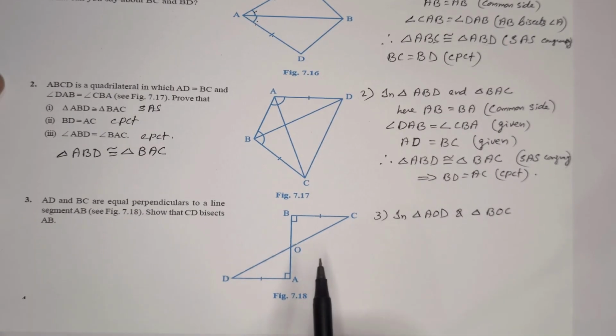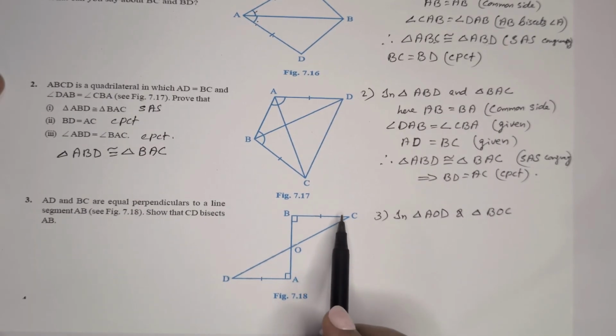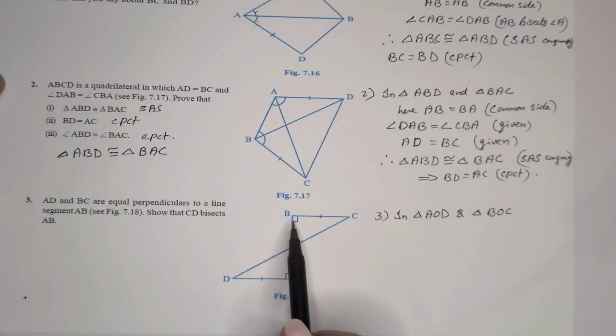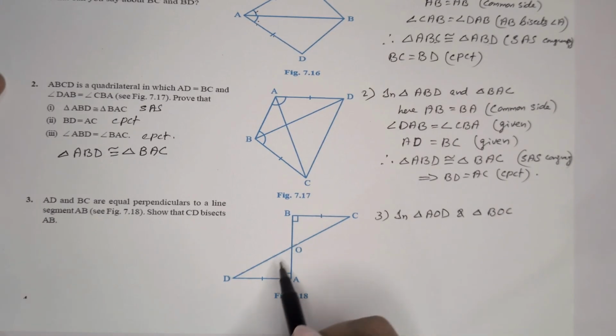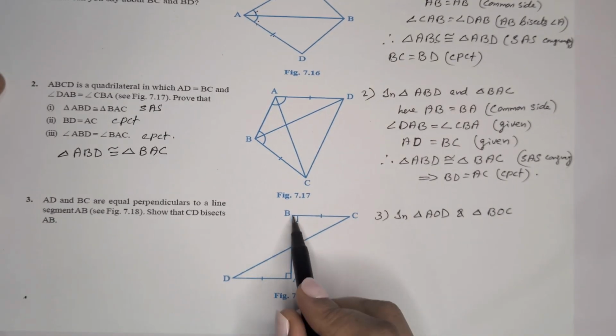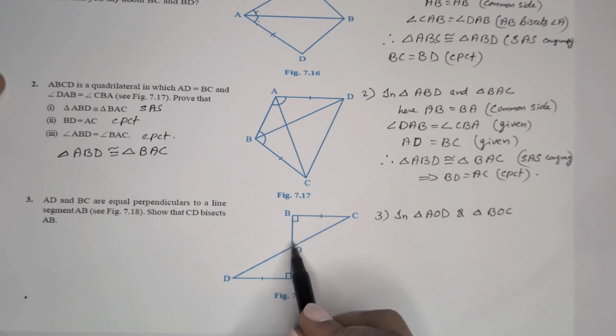Third question. AD and BC are equal perpendiculars to a line segment AB. Show that CD bisects AB. For that, first we have to consider these two triangles, triangle AOD and triangle BOC.